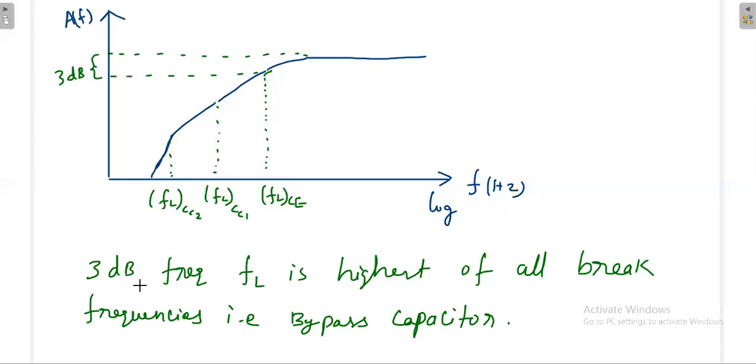So we should know how to calculate the cutoff frequency due to the emitter bypass capacitor, because the 3 dB lower cutoff frequency FL is the highest of all break frequencies. Thank you.